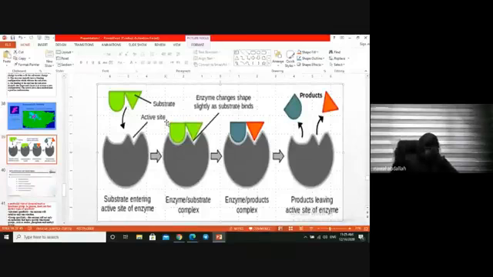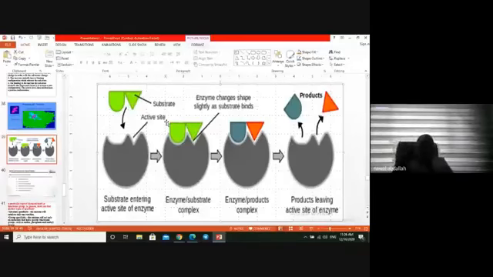Three steps of mechanism, or four steps. One, by decreasing activation energy. Two, by forming intermediate, by forming the enzyme substrate complex.